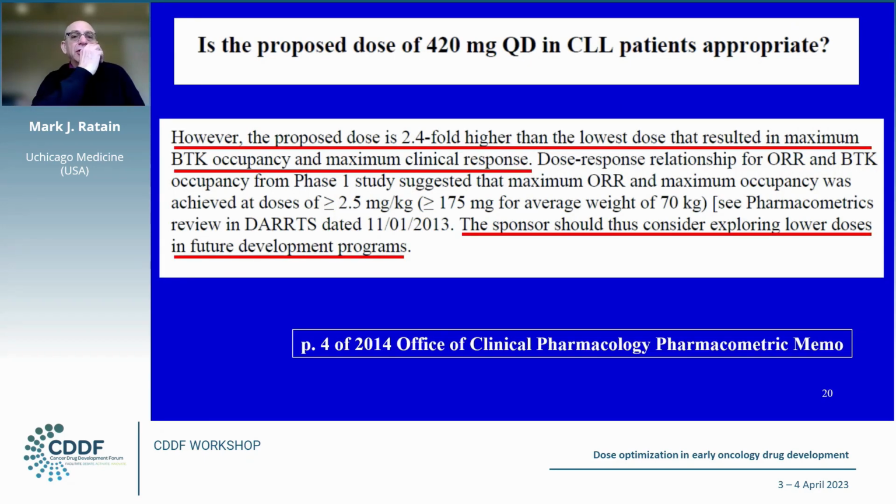And the FDA conclusion was no. The proposed dose is 2 to 4-fold higher than the lowest dose that resulted in maximum BTK occupancy and maximum clinical response, and told the company the sponsor should thus consider exploring lower doses in future development programs. A very prescient comment.